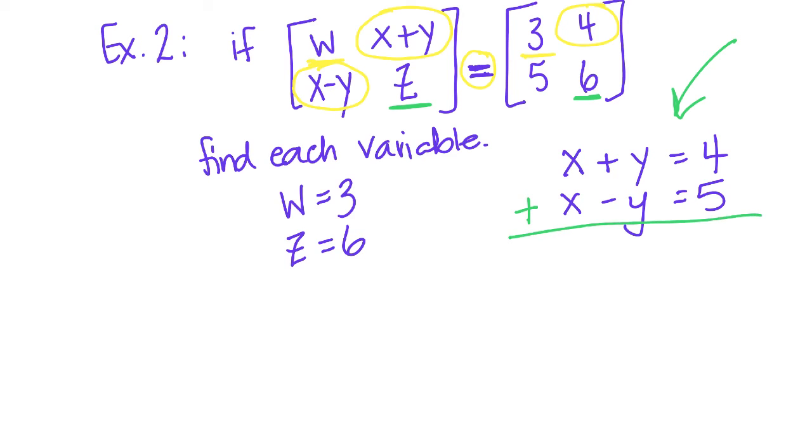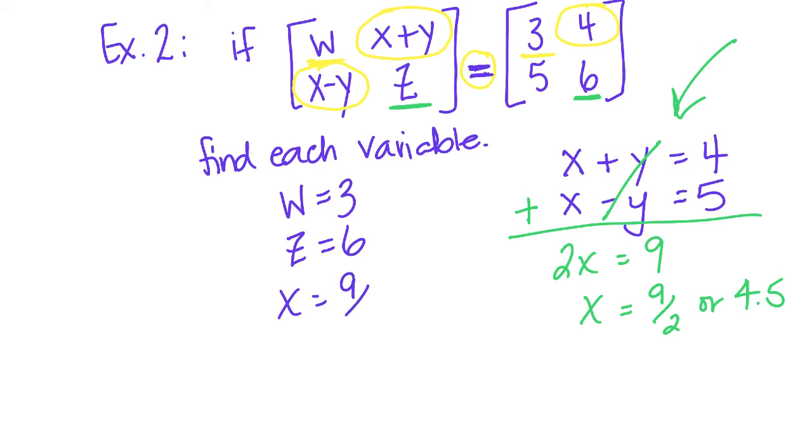So when I add down, notice that 2x is equal to 9. So x will equal 9 halves, or we could say 4.5, however you want to answer that. I will take either answer.